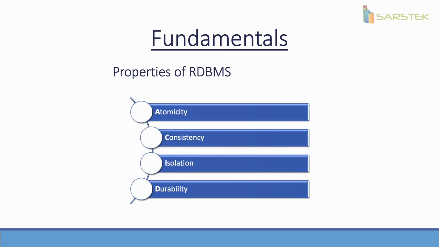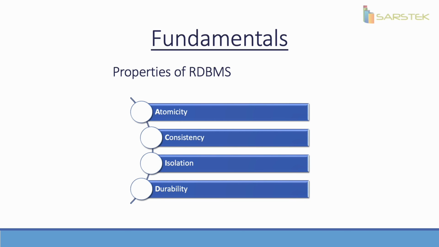Isolation means every transaction in an RDBMS should be an isolated transaction. If one transaction is updating something and another transaction is updating something else, they should be completely independent of each other. That is isolation. And then durability.